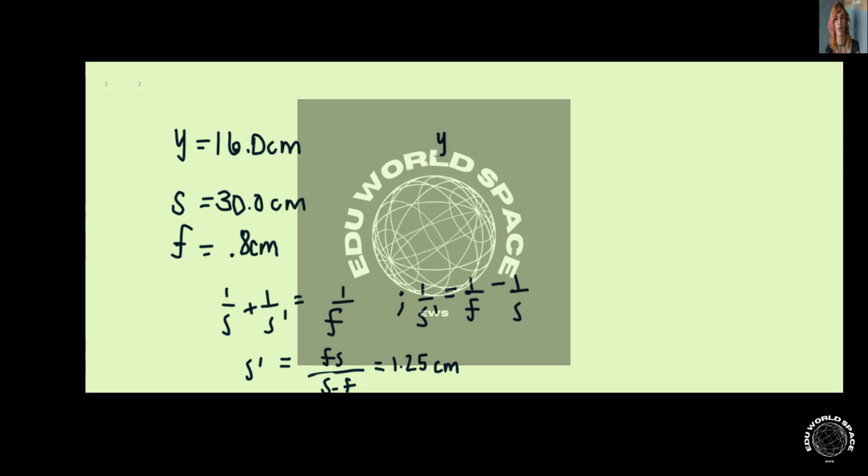We can do y over y prime equals minus s prime over s, or excuse me, y prime over y. Redo this. Now we're trying to find the height. So negative s prime over s equals y prime over y. And y prime is therefore y times s prime, don't forget the negative, divided by s.